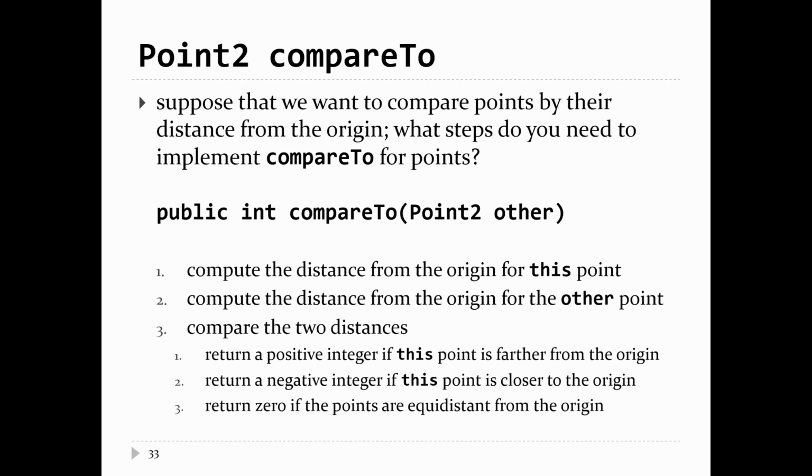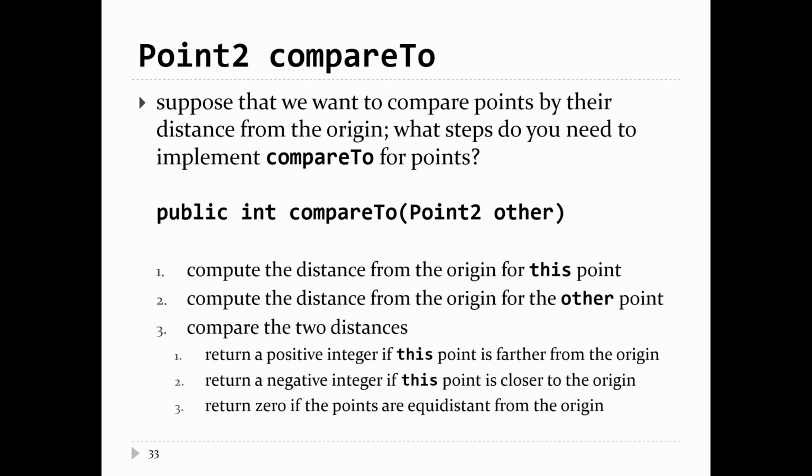If we want to compare points by their distance to the origin, then implementing the method's pretty simple. When you write p.compareTo(q), you want to know is p less than, greater than, or equal to q. And remember, inside the method, p is this, and q is going to be other.